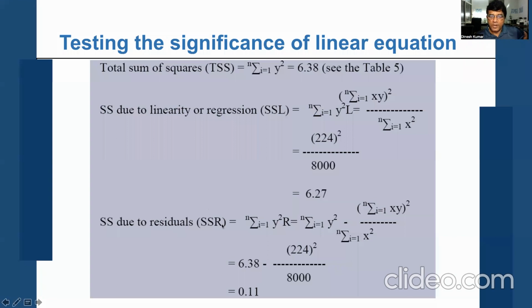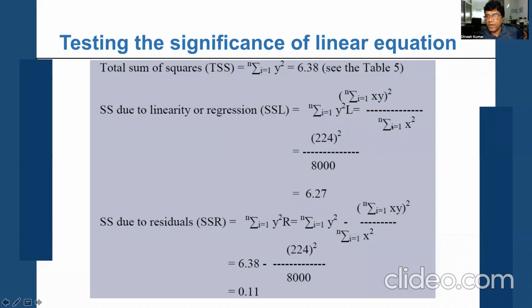Second is residual. Residual can be calculated simply by difference. From total sum of square, you can deduct the sum of square due to regression, that is 6.27. So here, the sum of square due to residual is equal to summation y square minus the sum of square due to regression, or summation xy whole square divided by x square.